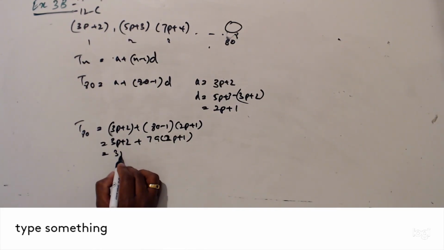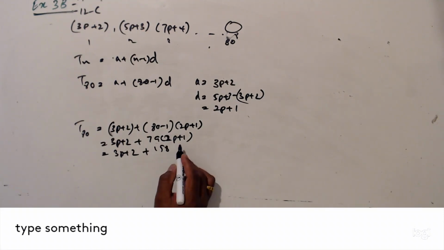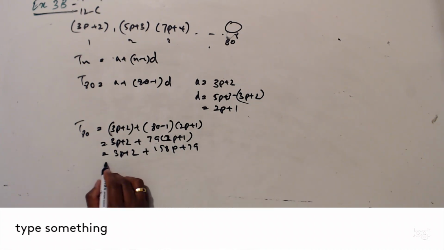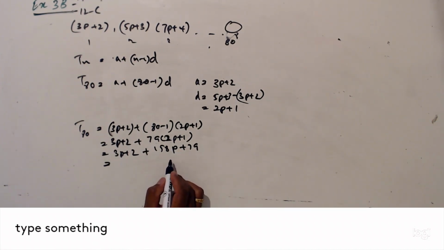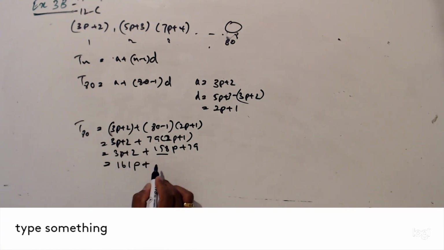This is 3p plus 2, 79 times 2p is 158p plus 79. So this is going to be 161p plus 81.